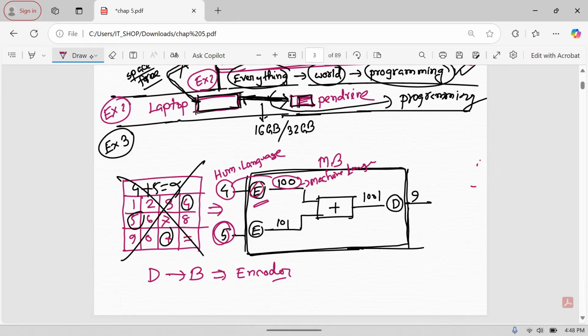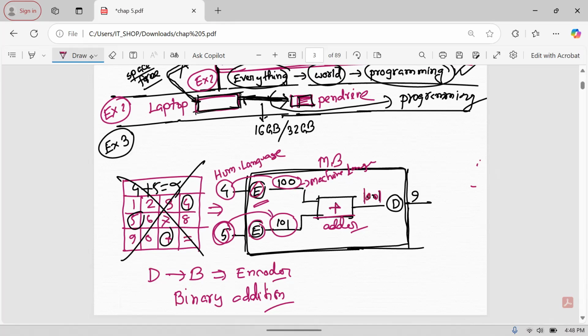This 5 will go to 101 through the encoder, which converts human language to machine language. And to add the two numbers, we have to use a binary adder, and we also know how to add in binary. That's why we learned binary addition. Then I get the result 1001.